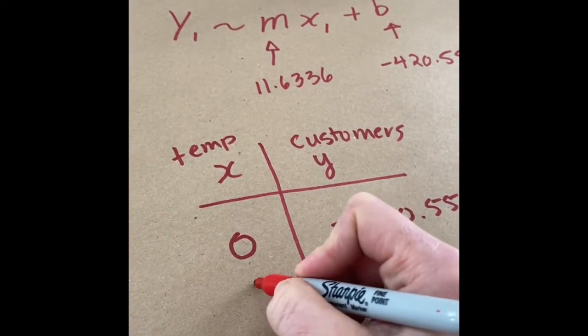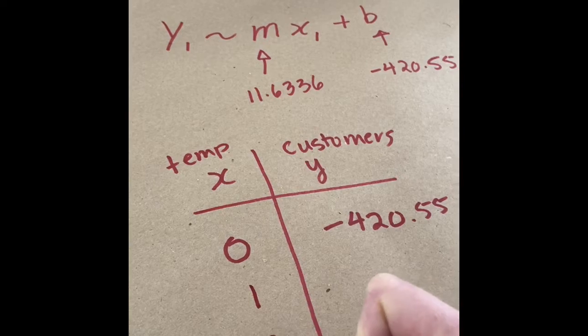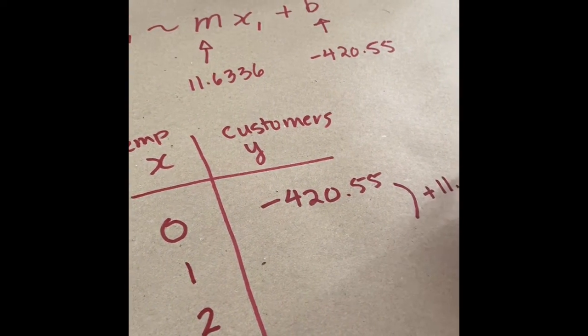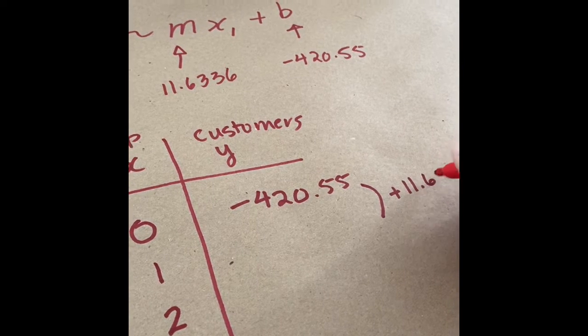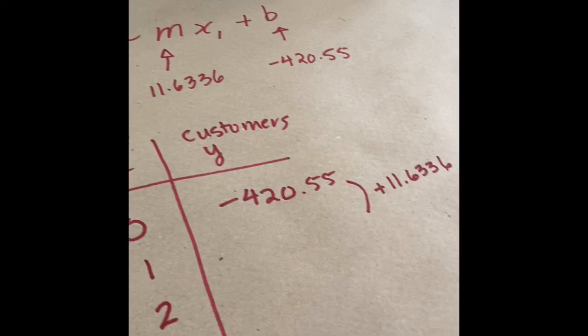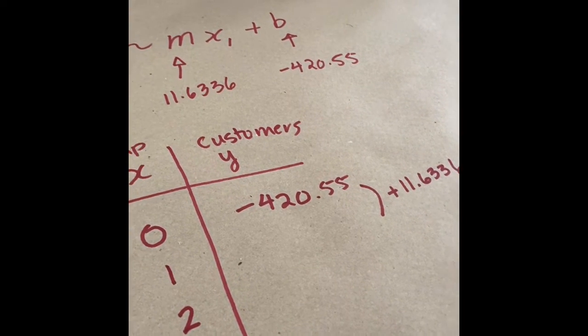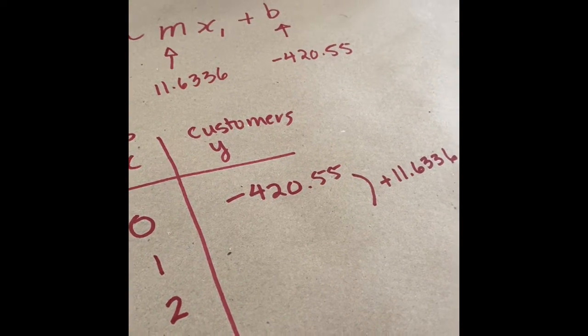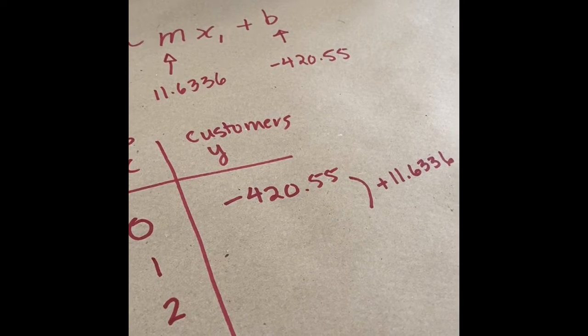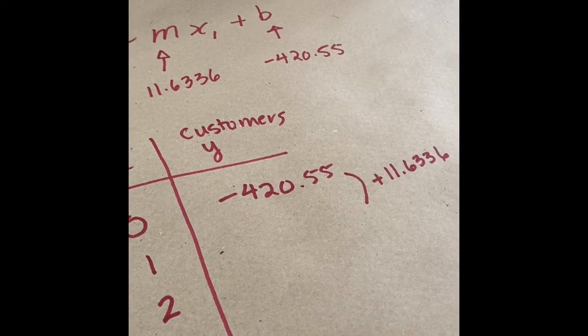And then every time the temperature goes up by 1 degree, this number of customers should be jumping 11.6336 each time. And that's why, remember I said I needed my y's to start at a negative number, because the y-intercept, or the initial value, is a negative number.